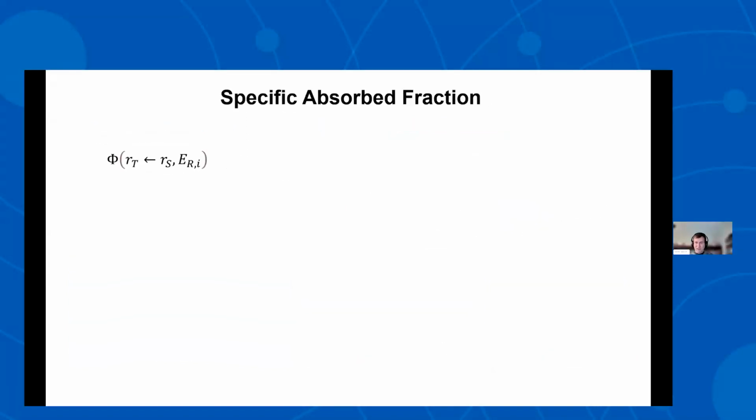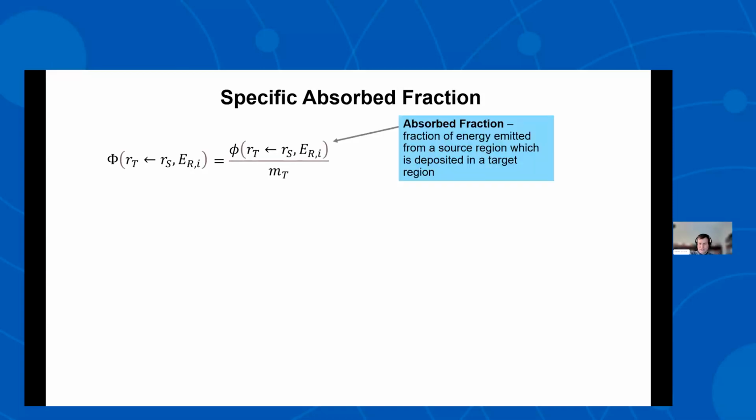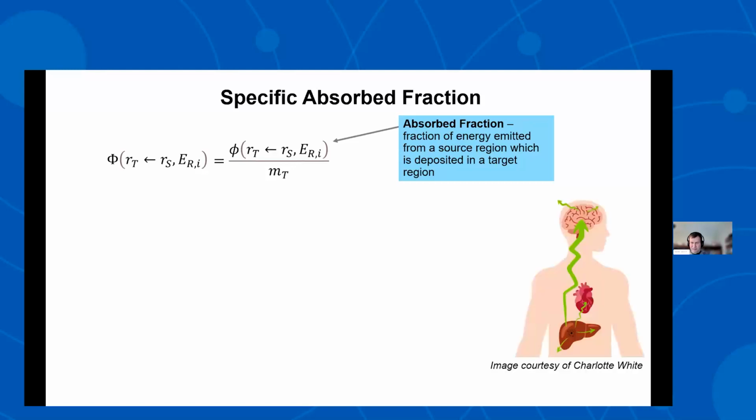So the specific absorbed fraction, or SAF, is determined by dividing two quantities. The first is the absorbed fraction, which is the fraction of energy emitted from a source region which is deposited in a target region.